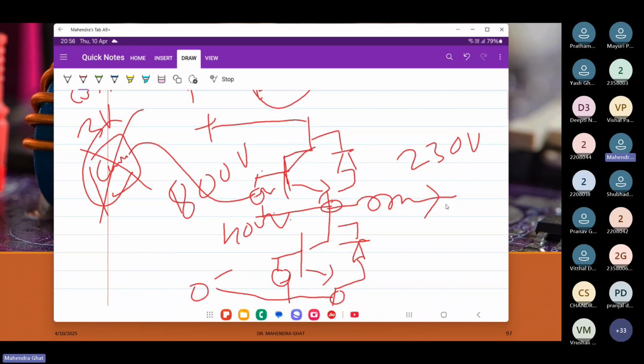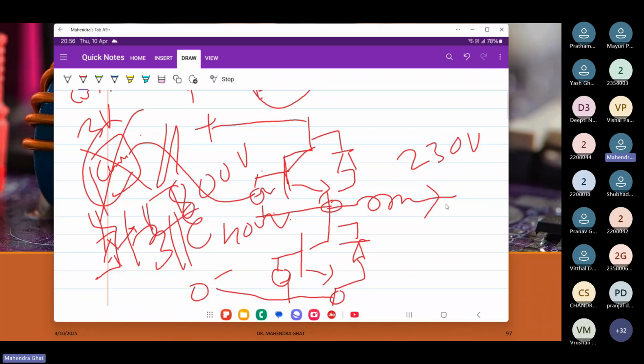So in that case we require isolation between them. For isolation we can use a transformer, a pulse transformer, or you can use the optocoupler. The optocoupler will have a diode here, and it will generate the opto isolation. So this part and this part will get isolated, even this part will get isolated, which has different voltage levels.